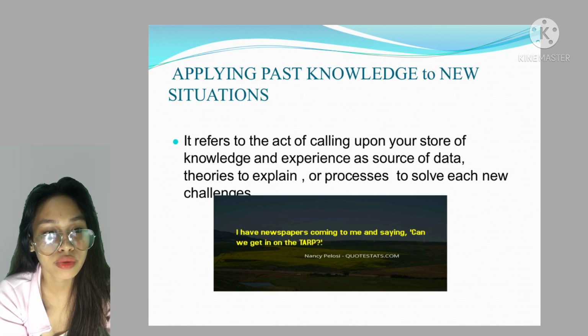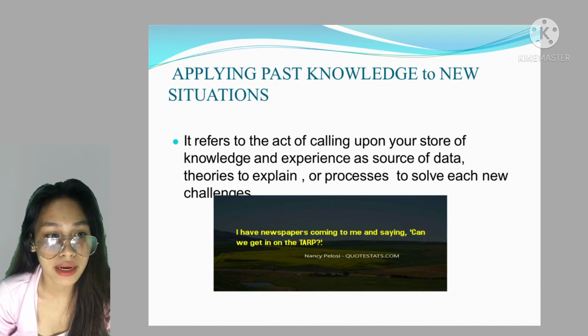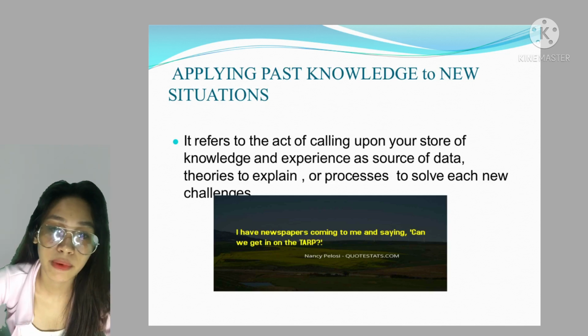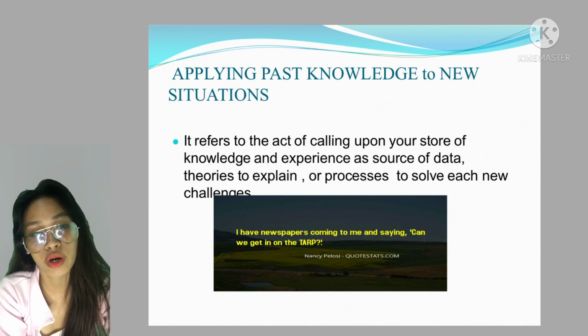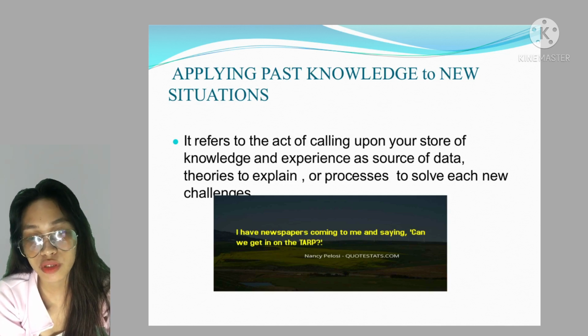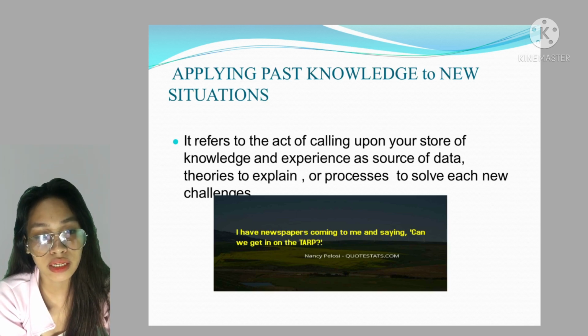To be able to apply the past to a new situation, developing skills and gathering information will help you make informed decisions throughout your life. Good problem-solving skills make you more employable and better able to tackle life's challenges.